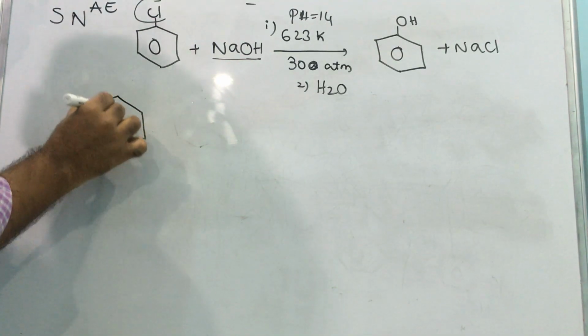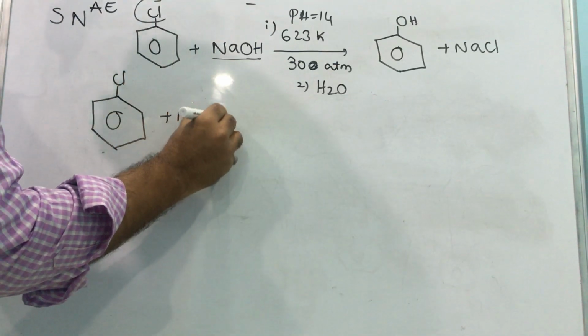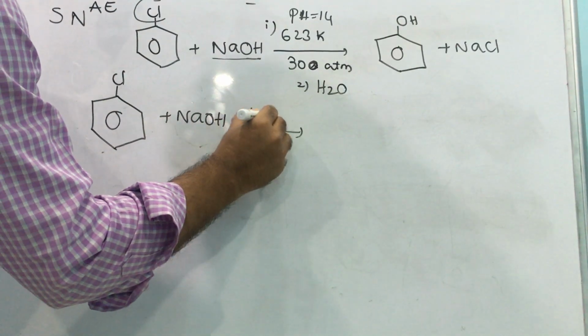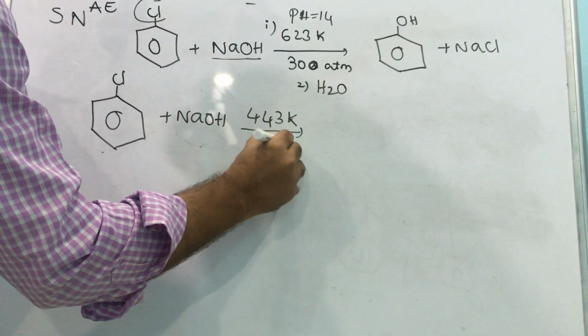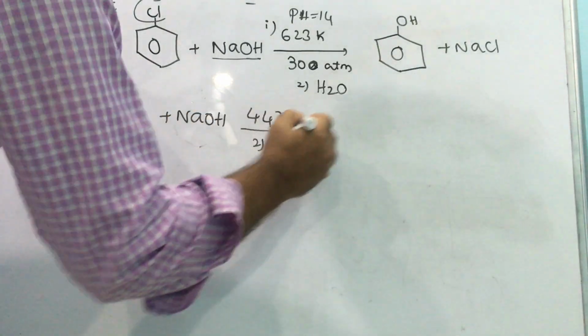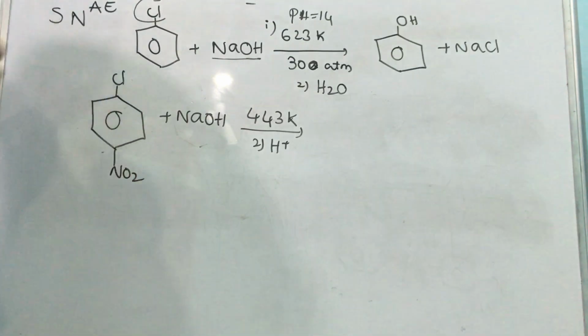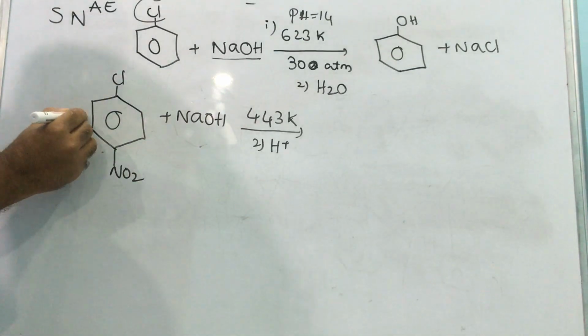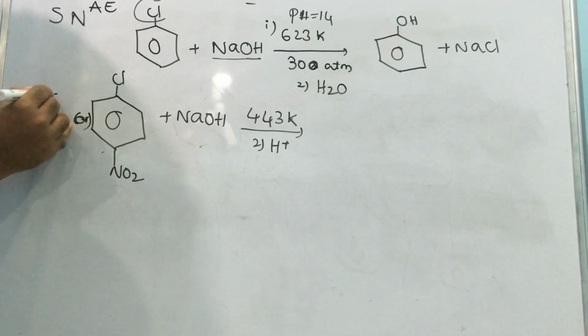Now I am taking this Cl only, with NaOH at 443 Kelvin, and the second step is H plus, or any, no problem. Here you can write the NO2 at the para position, or you can take ortho also.